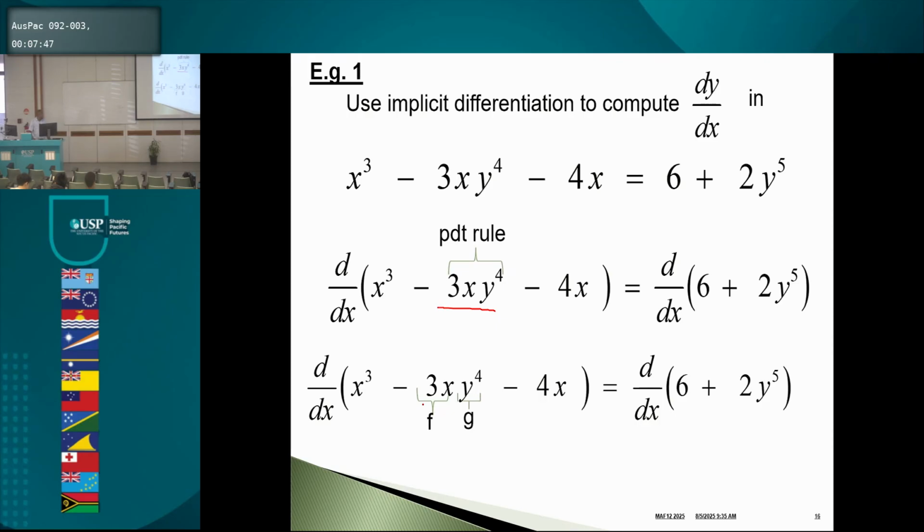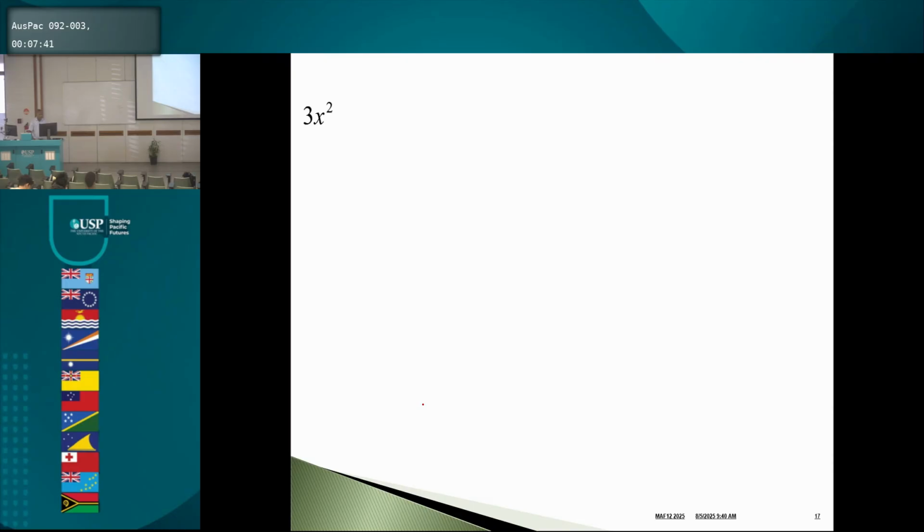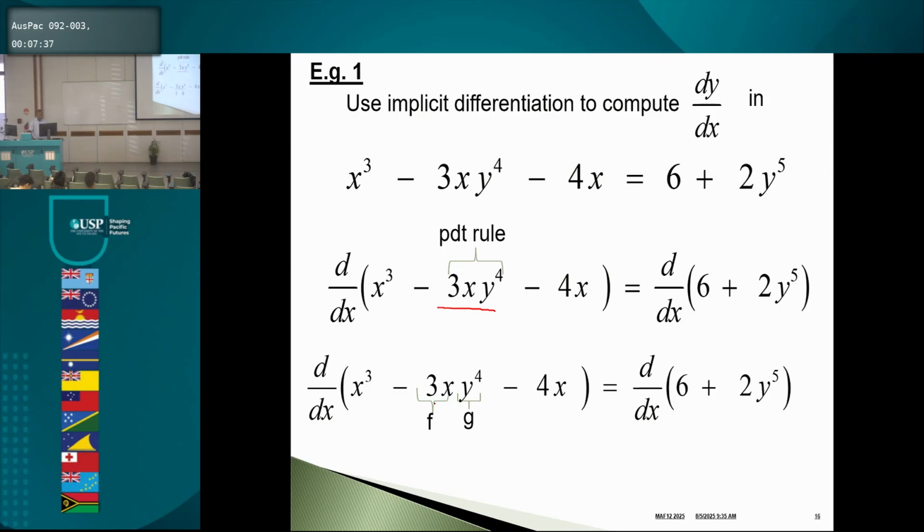I'll use the product rule there. x squared. So f g dash plus g f dash. Yep.